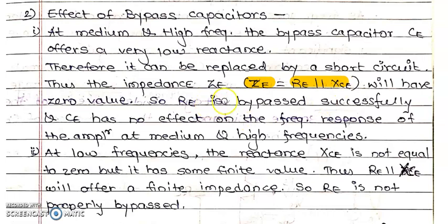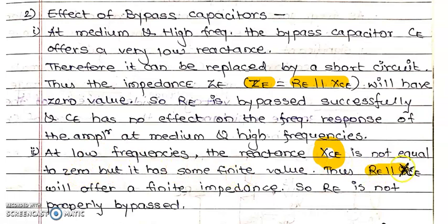That's why RE is bypassed successfully and CE has no effect on the frequency response of the amplifier at medium and high frequencies. But at lower frequencies the reactance provided by the emitter capacitor, that is XCE, is not equal to 0 but has some finite value.